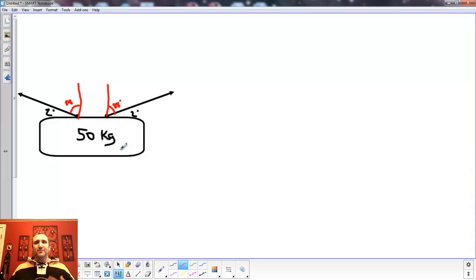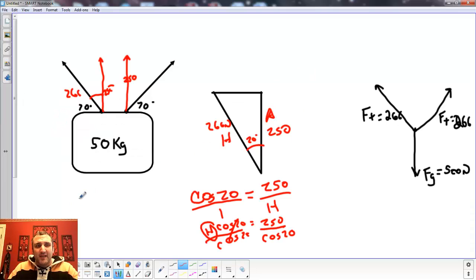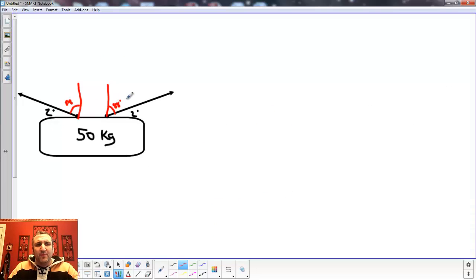All right? So why don't you pause it here and rework the numbers using this. Again, it's just like we did here. It's just like the last problem, but we changed the angles. Okay? So I'll wait, pause it. Please work on this because it'll help you see what I'm trying to show you.